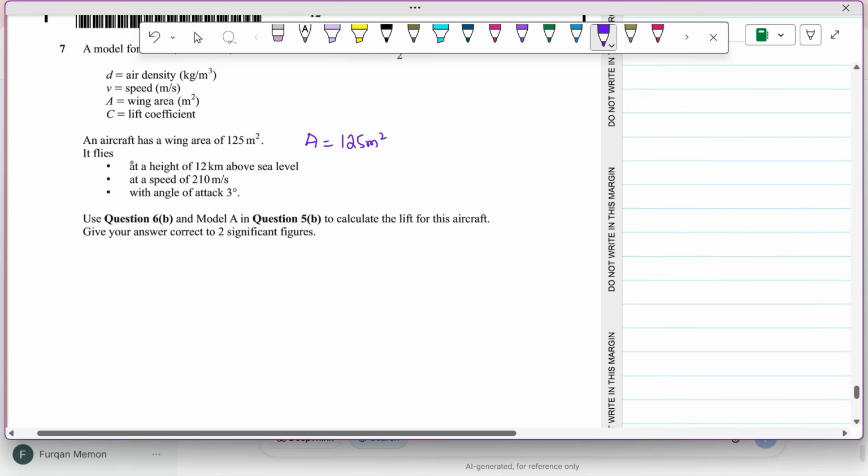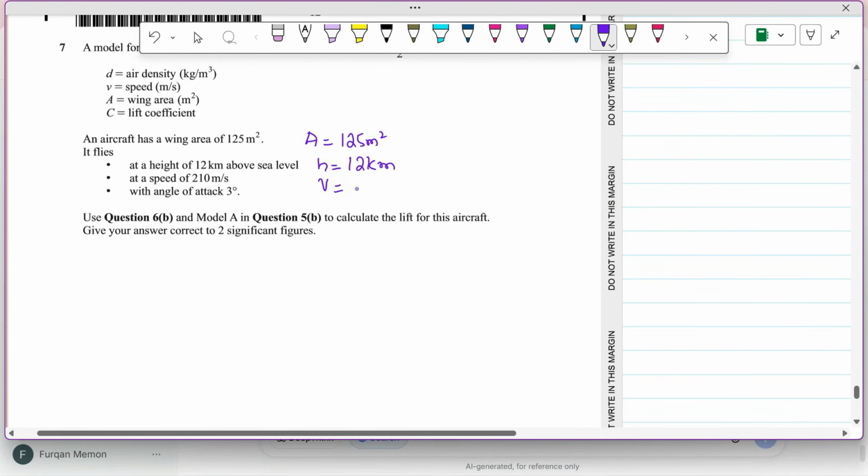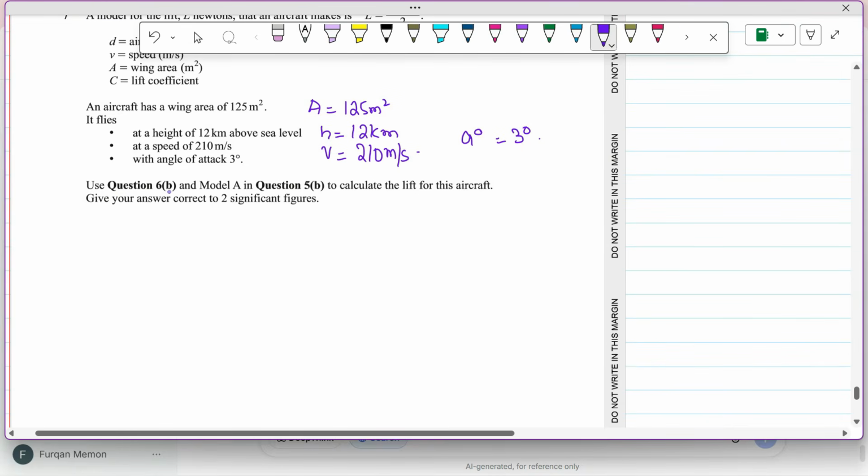It flies at a height of 12 kilometer above sea level, so the height is 12 kilometer, at a speed of 210 meter per second, so V is 210 meter per second, with an angle of attack a equal to 3 degree. Use question number 6b and the model in question number 5b to calculate the lift for this aircraft. Give your answer correct to two significant figures.